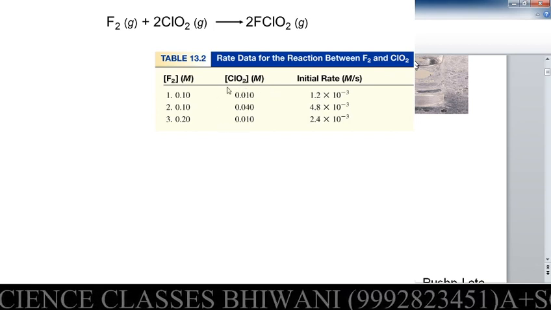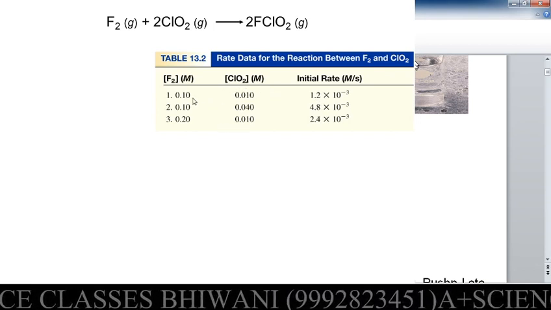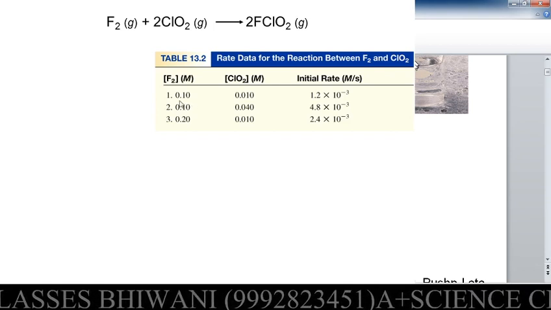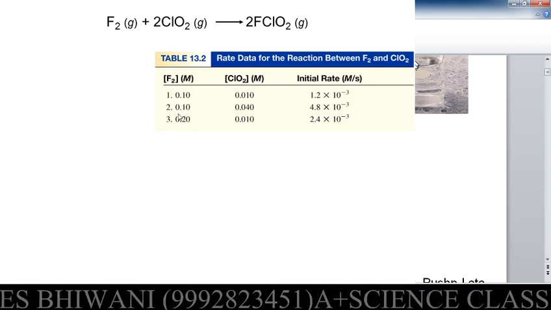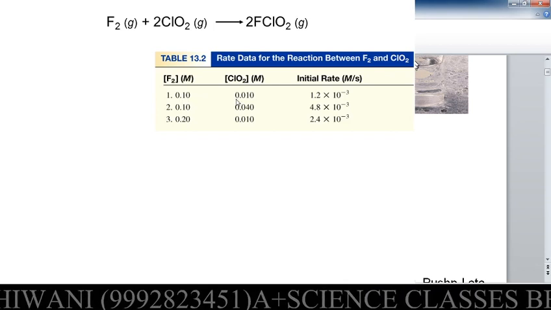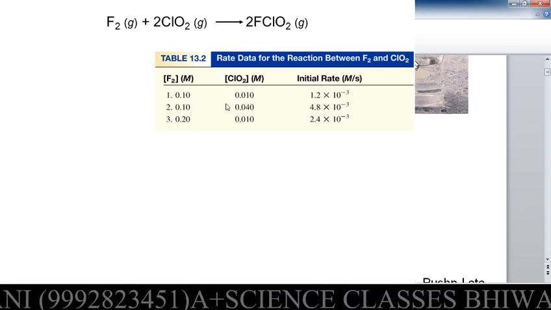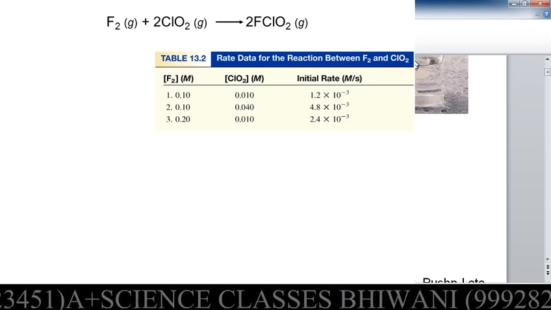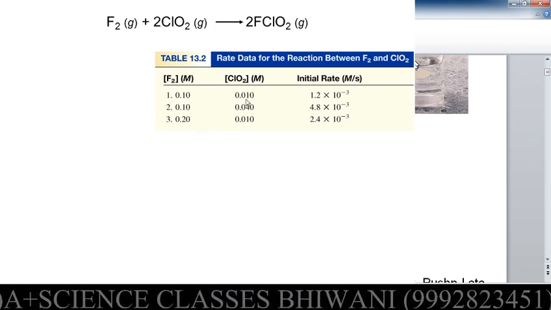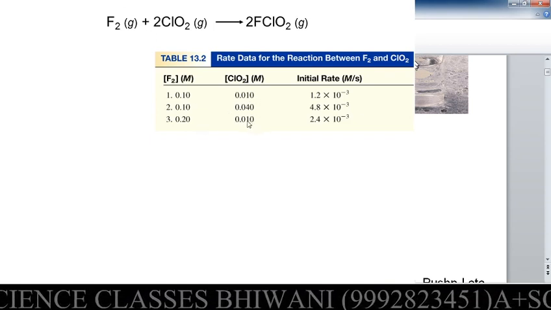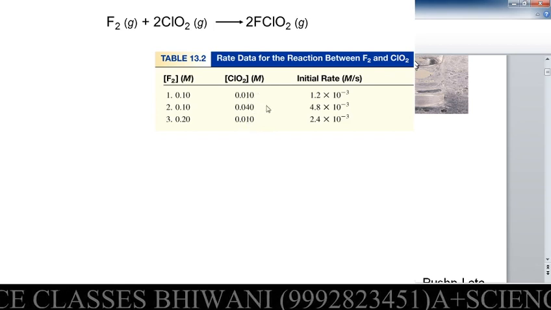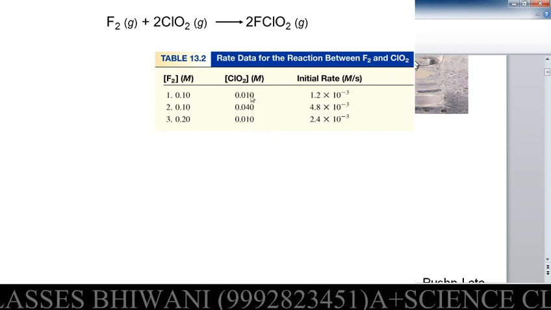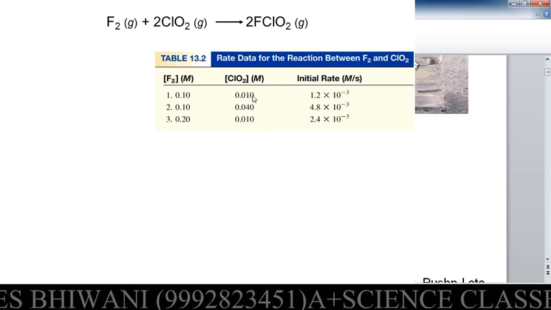Now we have to choose the other. In our first attempt, what did we take as constant? We took fluorine as a constant concentration. Now it's the turn to take chlorate as a constant concentration. As we observe from the example, in experiments number 1 and 3, the concentration of chlorate is constant, 0.010.